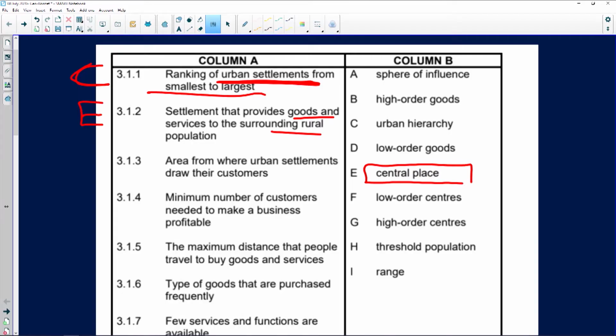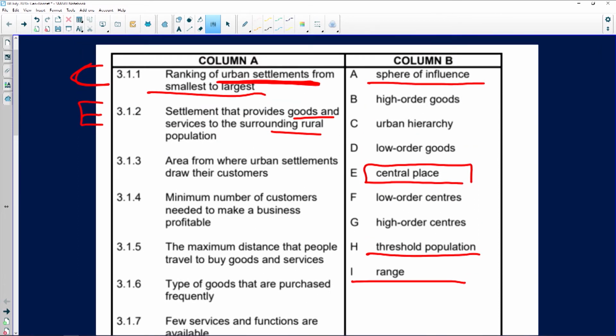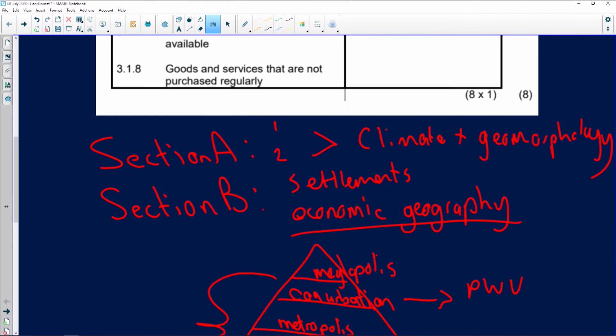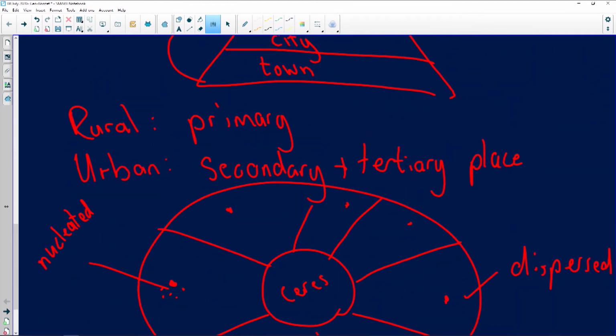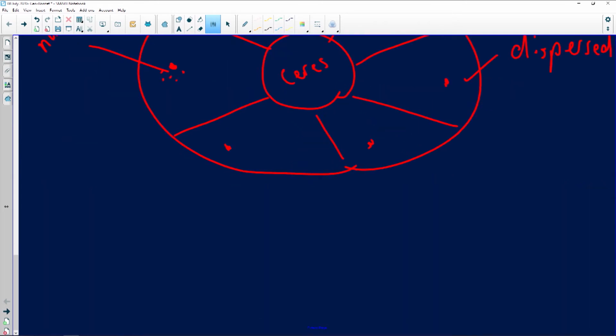If you look at 3.1.3, I'm going to highlight the sphere of influence, the threshold population, and the range, and quickly explain them to you. A couple of weeks ago we discussed this, and I don't want you to get confused between them. So let's first look at the sphere of influence.